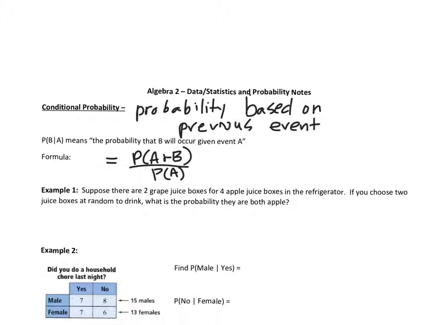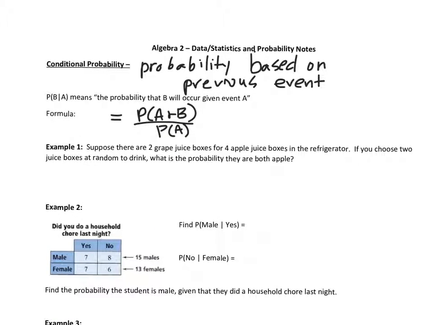Now, I'll use this formula mostly in charts. I have this first example where I don't really need to use the formula, but it is an example of conditional probability. Suppose there are 2 grape juice boxes and 4 apple juice boxes in the refrigerator.